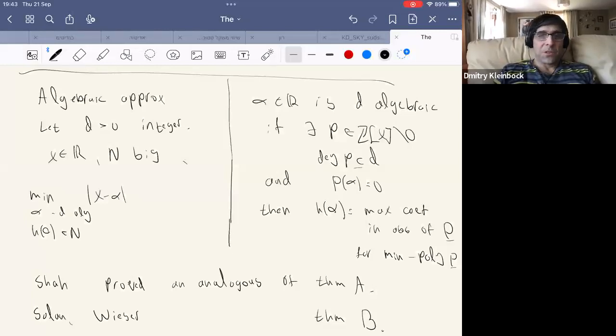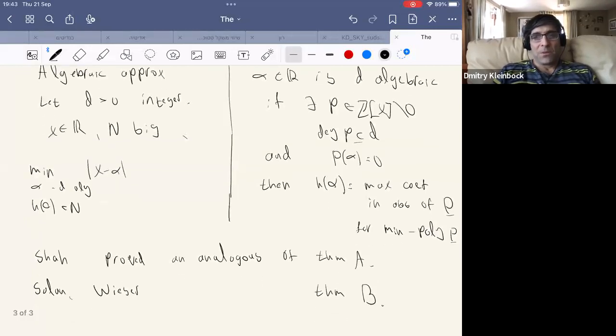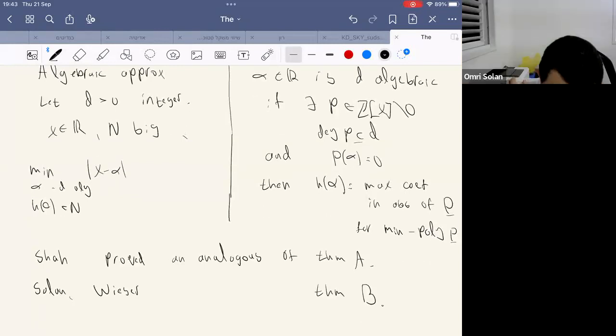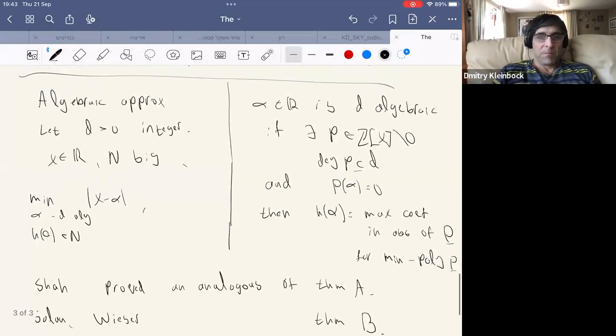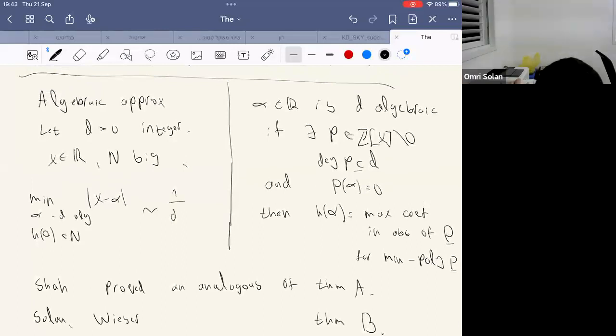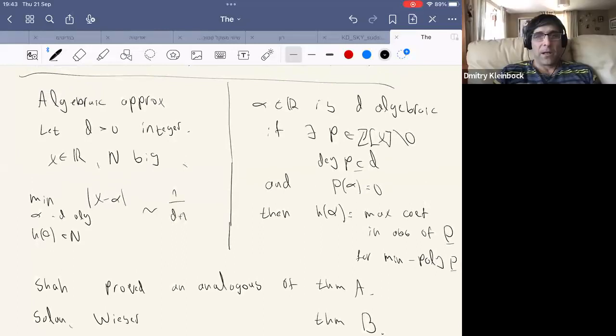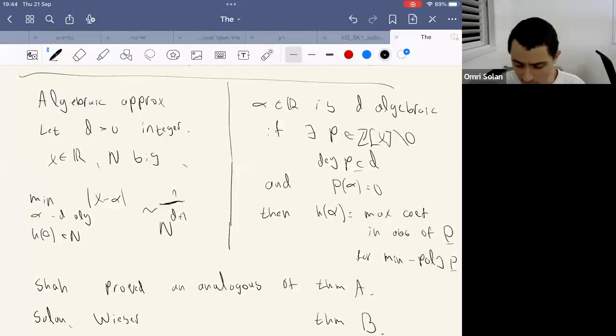Excuse me, Omar, just one second. To have a result of this type, you multiply this minimum by n to the power d plus 1. Is that what happens? Yeah, thank you very much. Okay. This is approximately 1 over n to the d plus 1, and it makes sense because of how many numbers alpha we possibly have that may approximate our x.